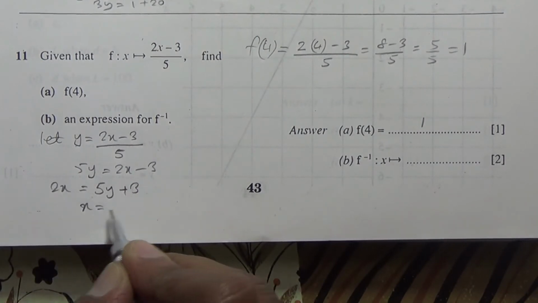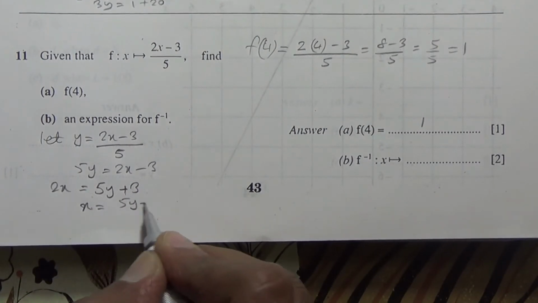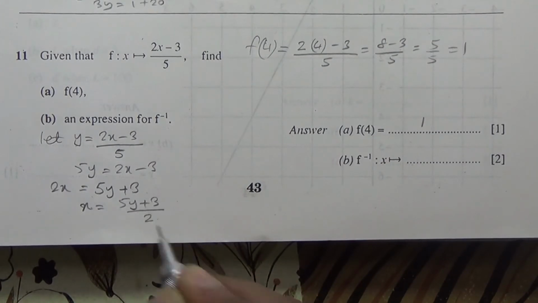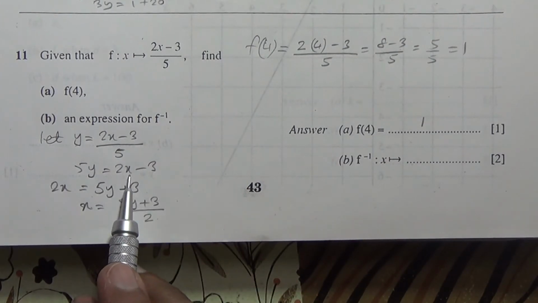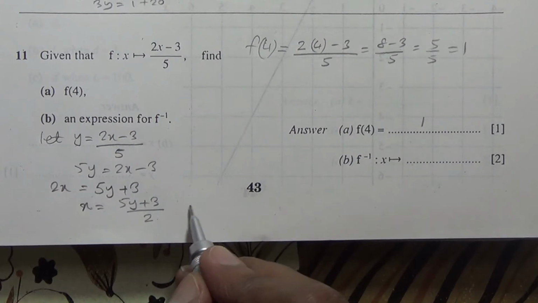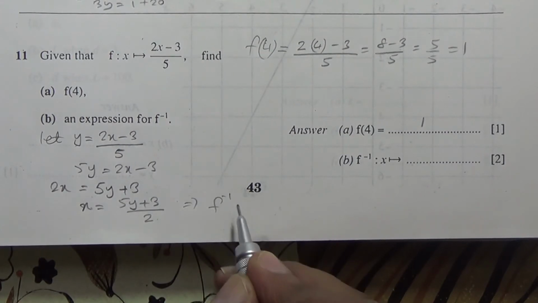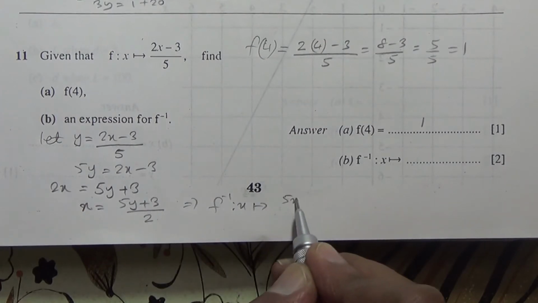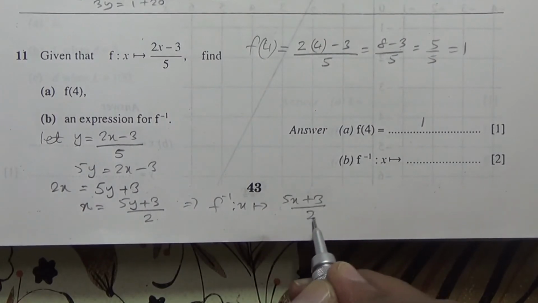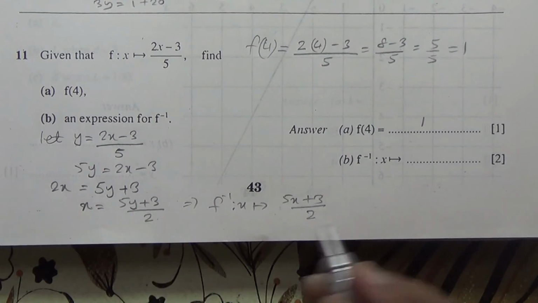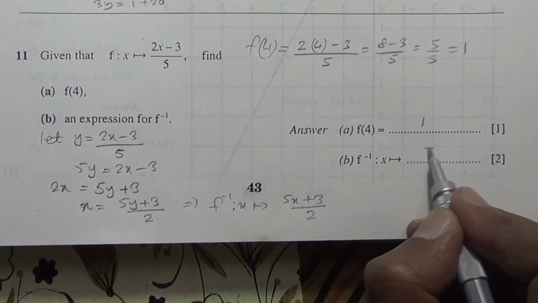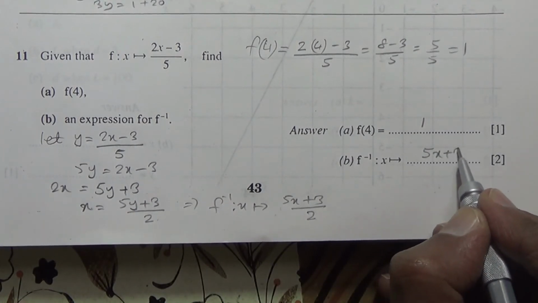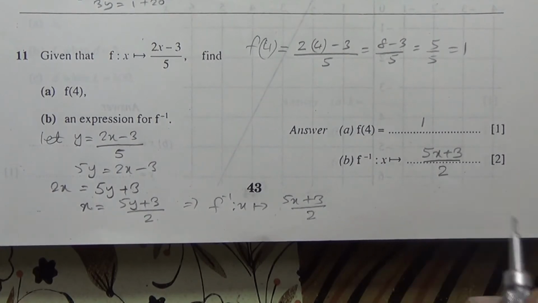Rearranging again, we got x as 5y plus 3 divided by 2. So, we've turned x into the subject of the formula. Therefore, f inverse of x is going to be equal to 5x plus 3 divided by 2. You swap the y for x. So that means here it is 5x plus 3 over 2.